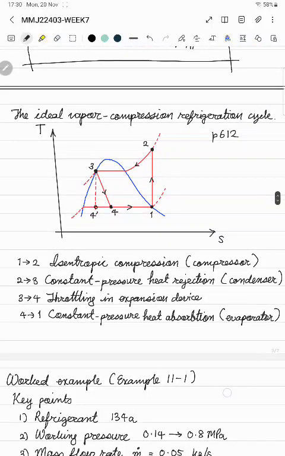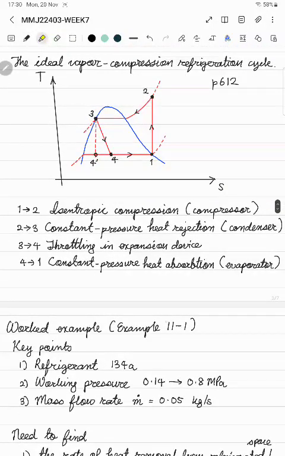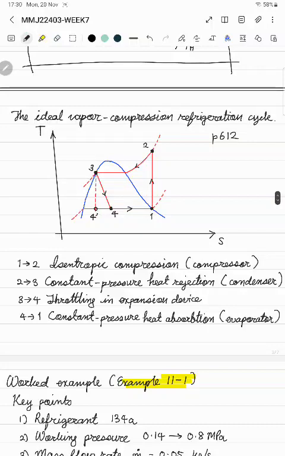I've written that down there. Now, the T-s diagram still revolves around the saturation line. So the saturation line for a refrigerant is drawn in blue here.